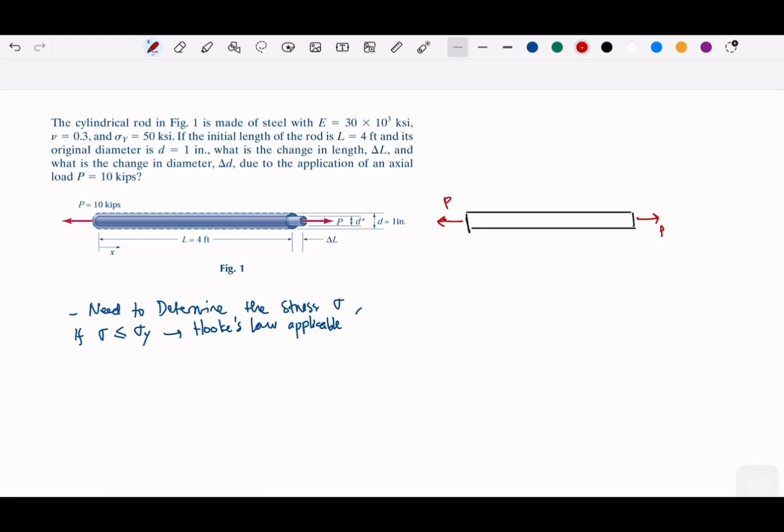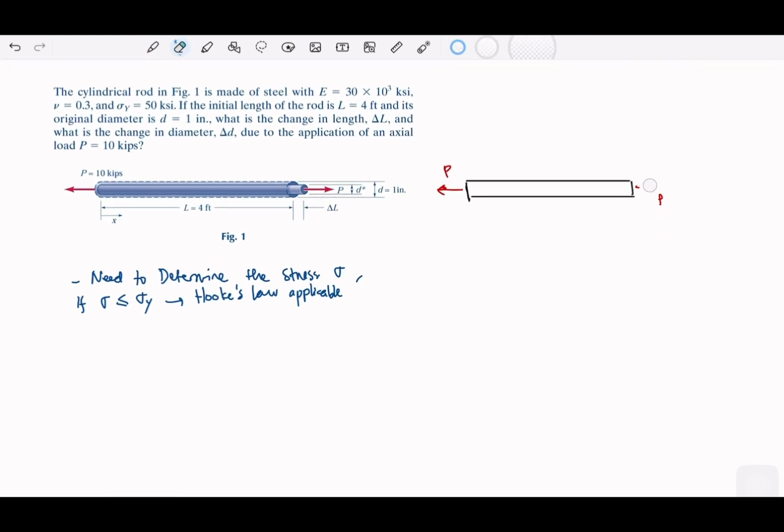Let's say we cut the rod from the middle part, and based on this, we might have here a reaction force, which we could just call F. And we say that the sum of F is equal to 0, which means that we are just going to have F as P, or a constant.